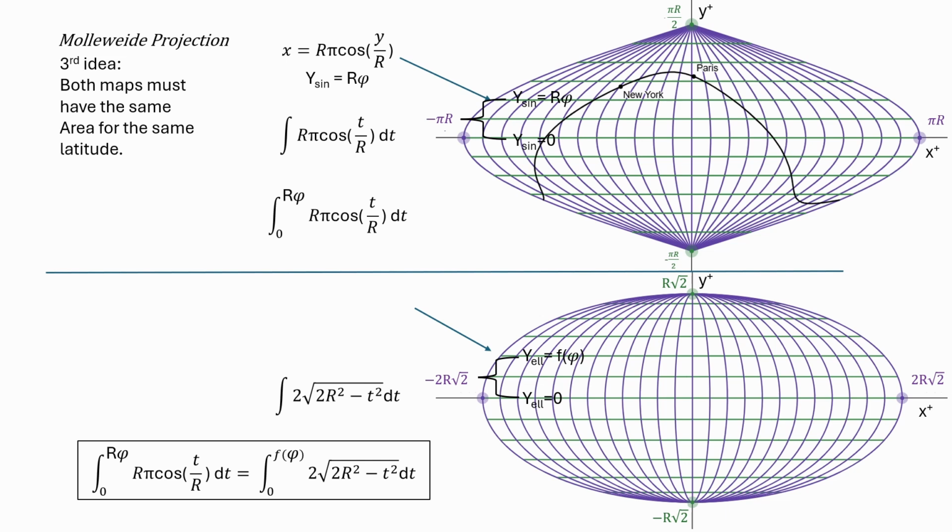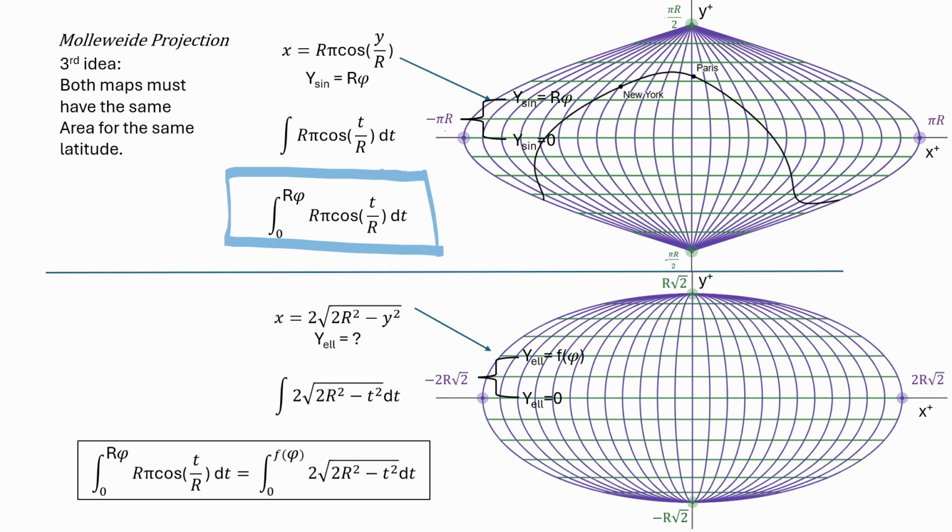The way we can represent the area for the latitude of the sinusoidal map projection is with this integral. And the way we do it for the elliptical map projection, well, we don't know, because we don't know how the latitude is defined. So we're going to build an equation, and that's how we'll end up finding what the Mollweide map projection is mathematically.